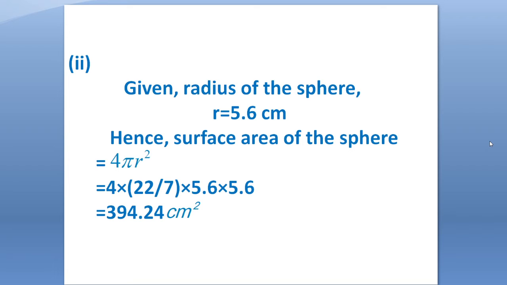Second, given radius of the sphere r is equal to 5.6 centimeter. Hence, surface area of the sphere is equal to 4 pi r square, which is equal to 4 into 22 by 7 into 5.6 into 5.6.